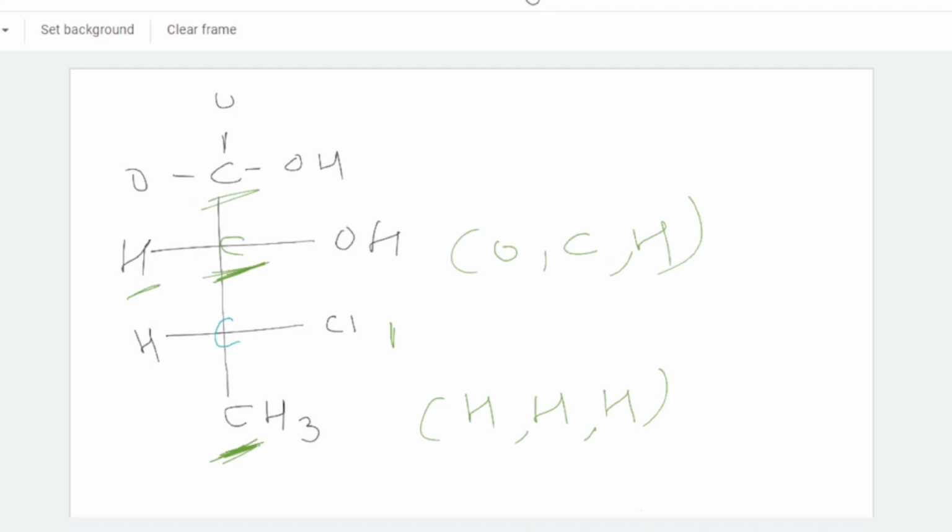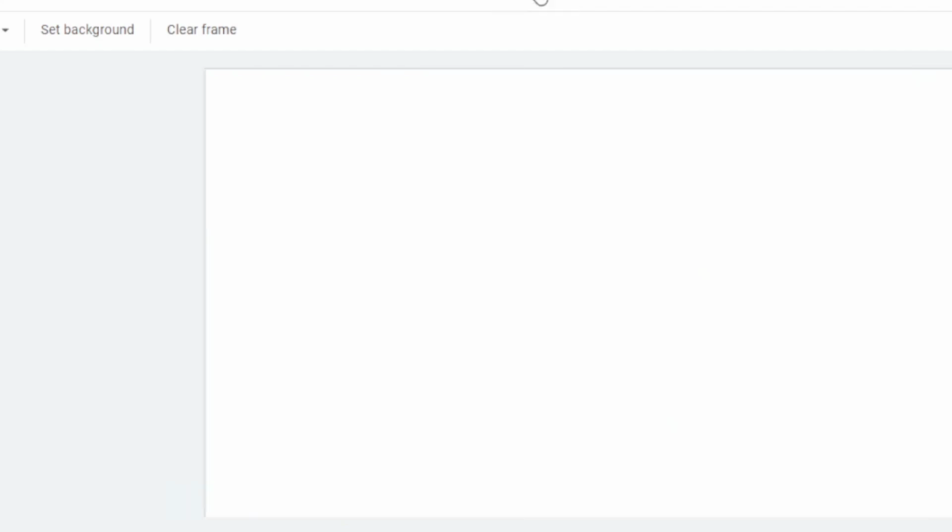So according to the atomic number, this carbon is connected with the first oxygen and this carbon is connected with the hydrogen. So you should give the second to this carbon, and third will be this, and fourth will be this. Okay, I am drawing the structure so you can understand it.